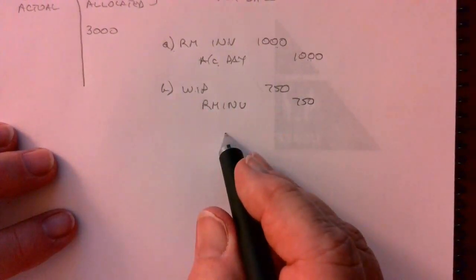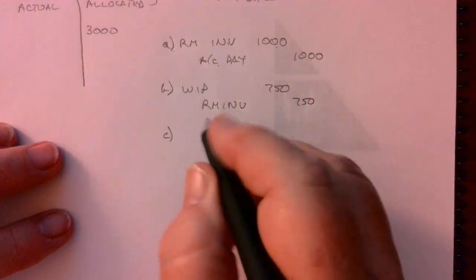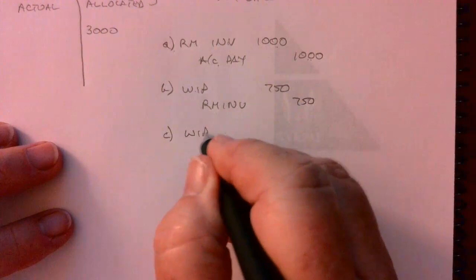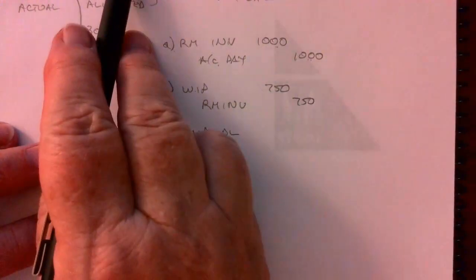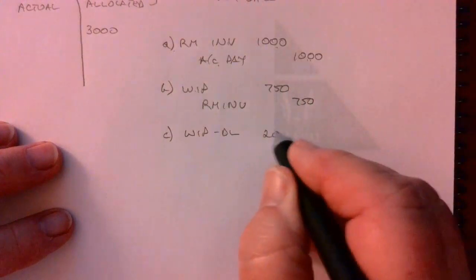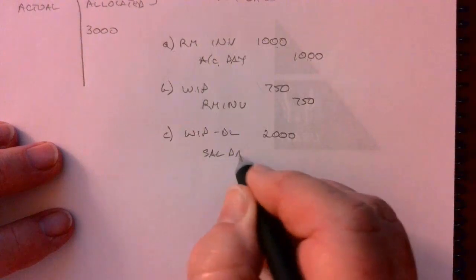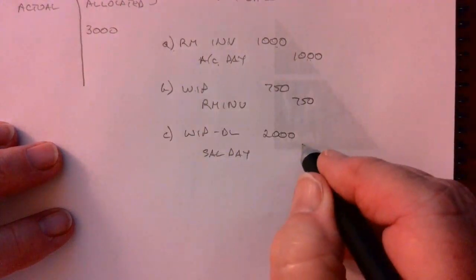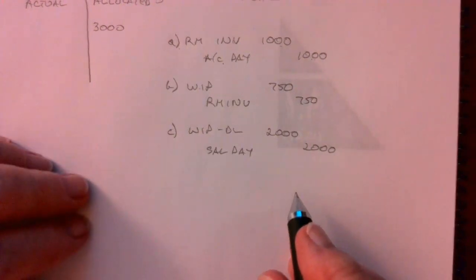For C, we've got wage expense. So we're going to have a debit to work in process. And I would put a little DL there for direct labor. That's this right here for $2,000. And then you can credit salaries payable if you wanted, something like that. You could credit cash, you know, with one of those accounts that would work with it.